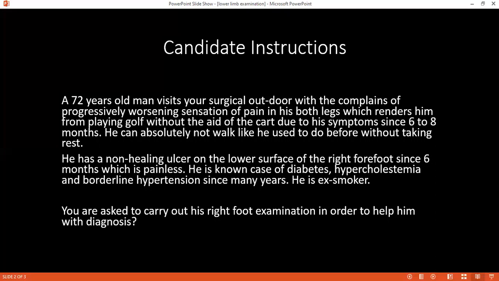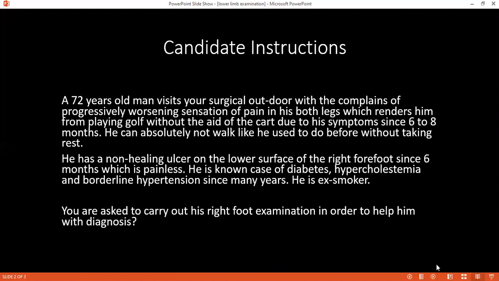So how would you appreciate the sound on the right foot, which has the non-healing ulcer, and the other left foot? I didn't get the question, ma. How would you appreciate the sound of the Doppler on the affected foot as compared to the normal foot? Yes, ma'am.